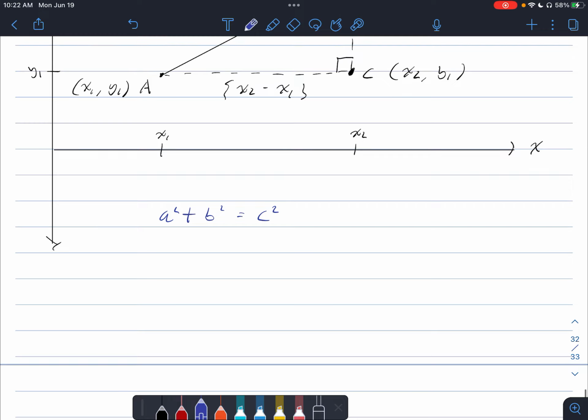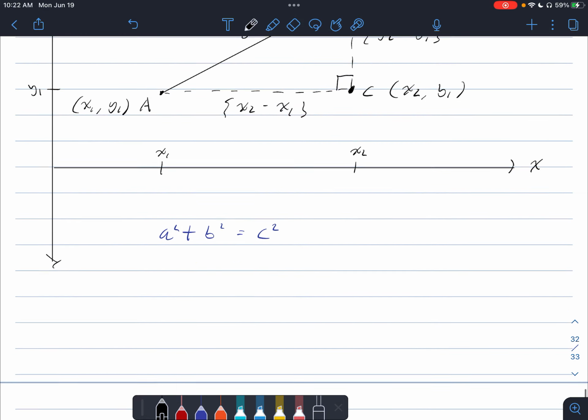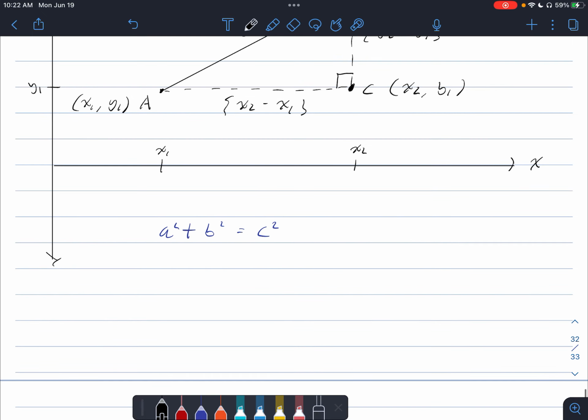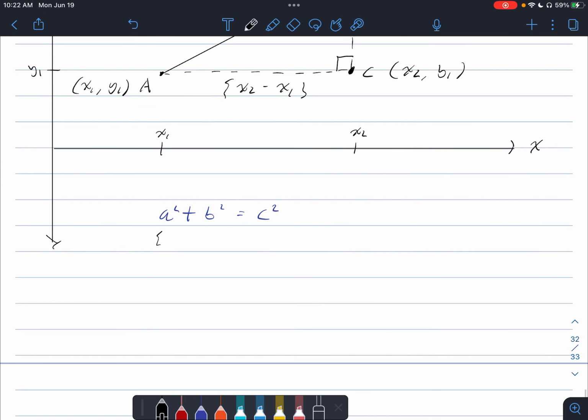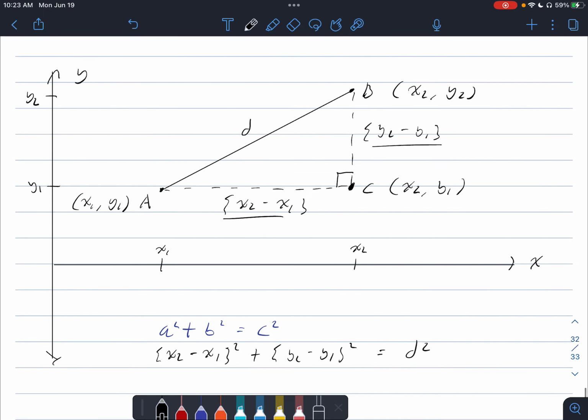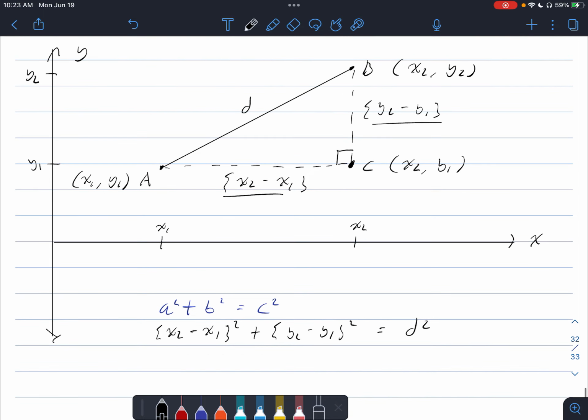Here we can do to find d, x2 minus x1 squared plus y2 minus y1 squared is equal to d squared. And we get this by this is our one side, this is our other side, and d is our hypotenuse in this situation.